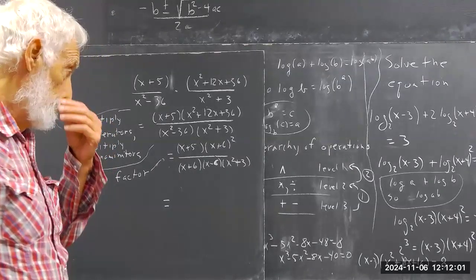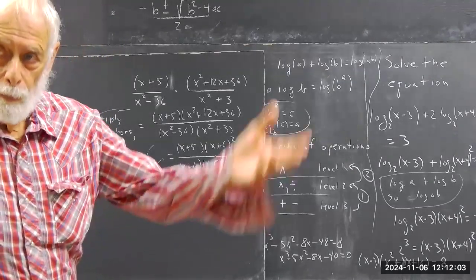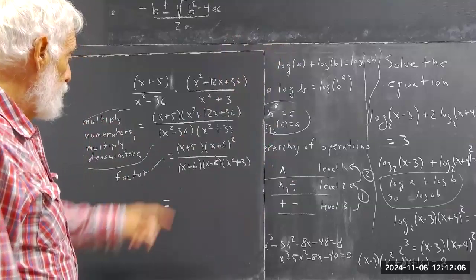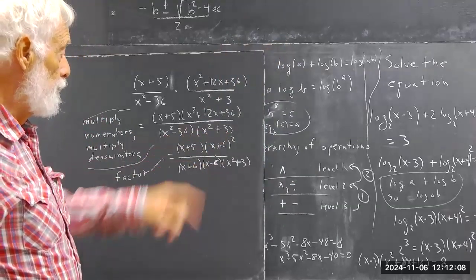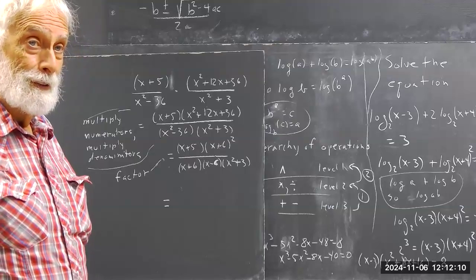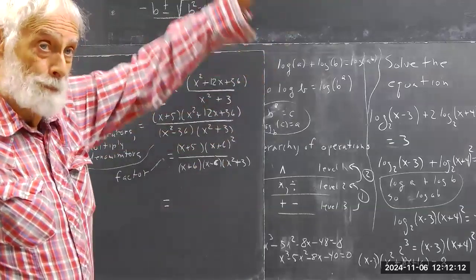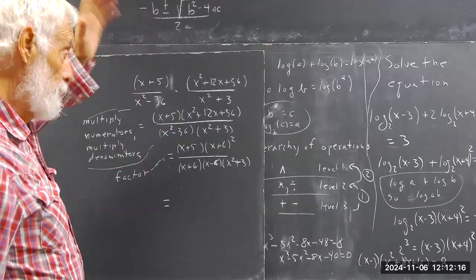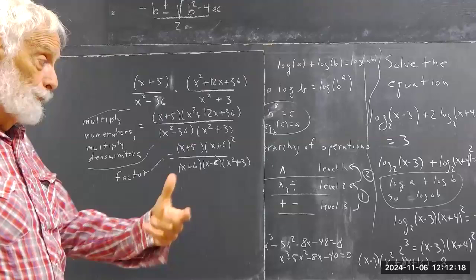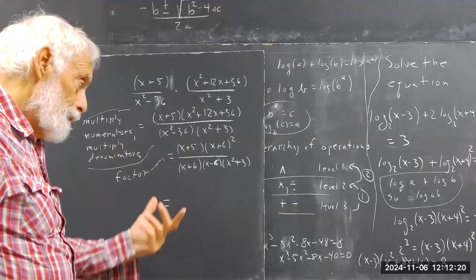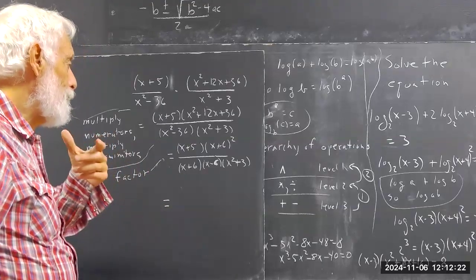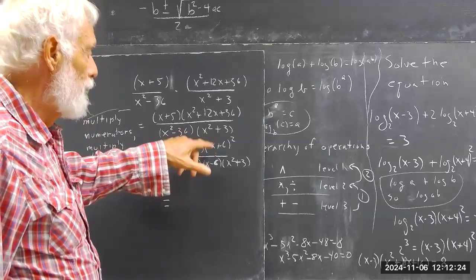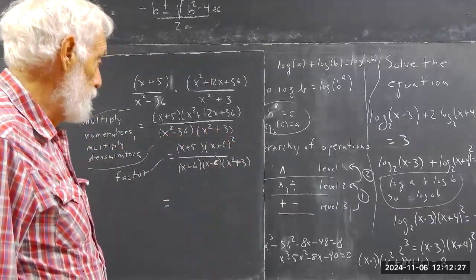Okay. Now, another thing people do when they cancel is they'll cross out this x plus 6 and they'll cross out this x plus 6, and they'll just let the square float away. They think somehow the square goes away, or maybe it just becomes a 2. Again, this means x plus 6 times x plus 6.